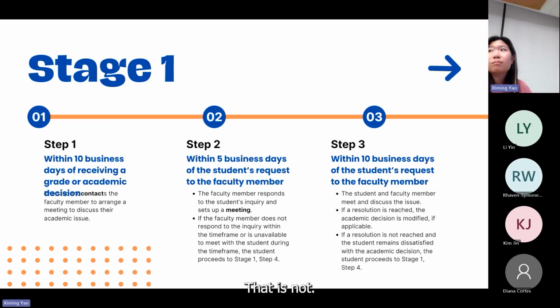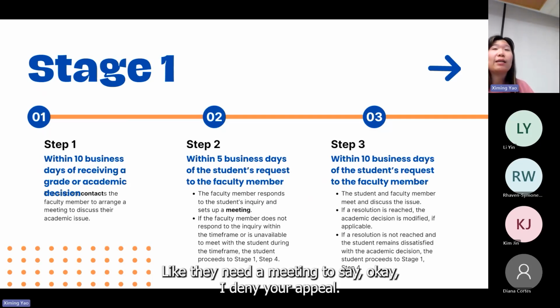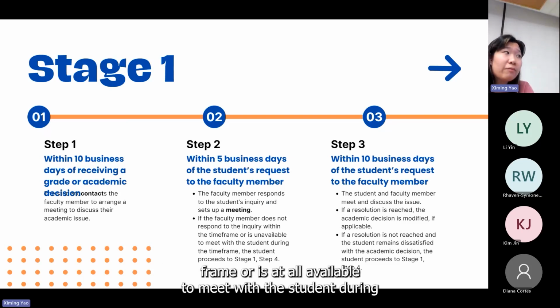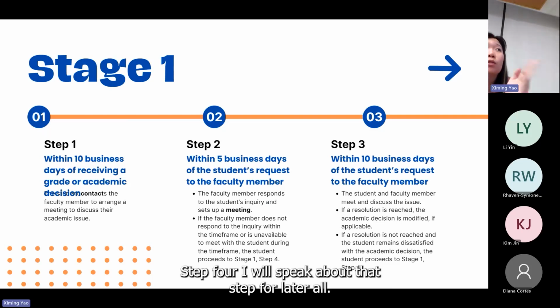That is not an action through the procedure. That is not okay. They need a meeting to say, okay, I deny your appeal. If the faculty member does not respond to the inquiry within the time frame or is unavailable to meet with the student during the time frame, the students can proceed to stage 1, step 4. I will speak about step 4 later on.